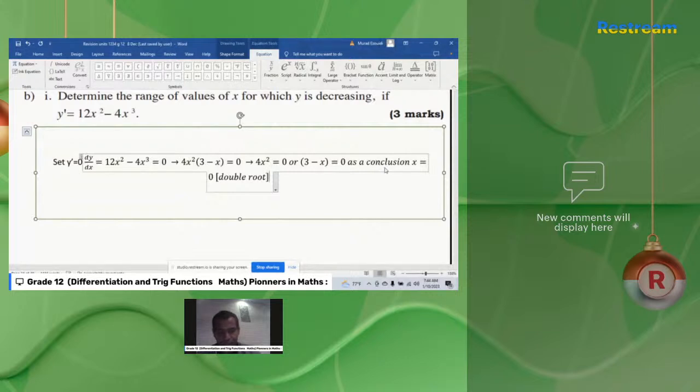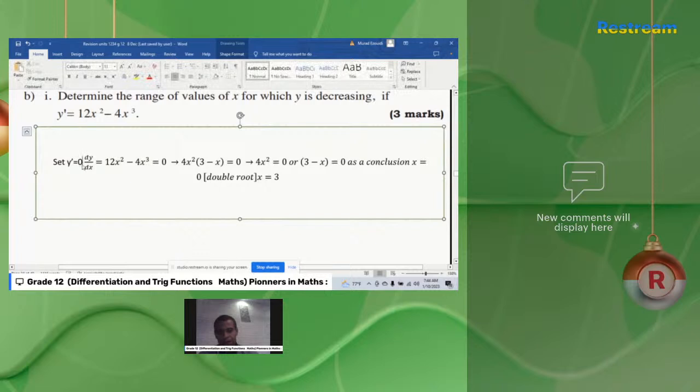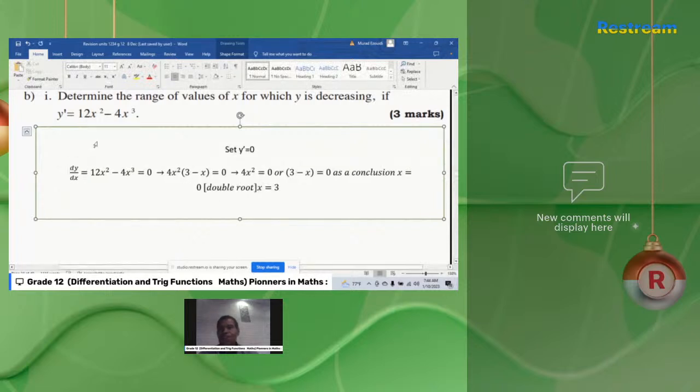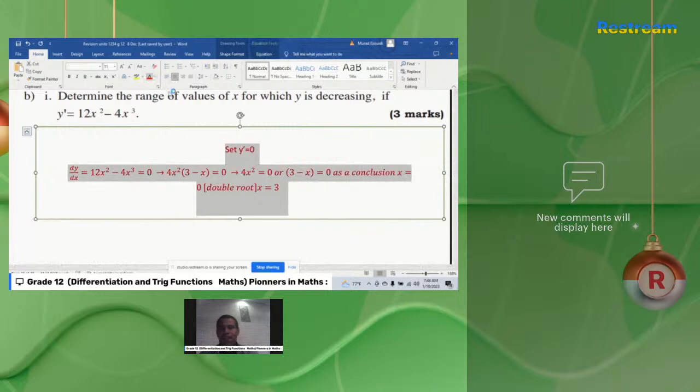So, learners, the stationary points occur at x equals 0 and x equals 3.